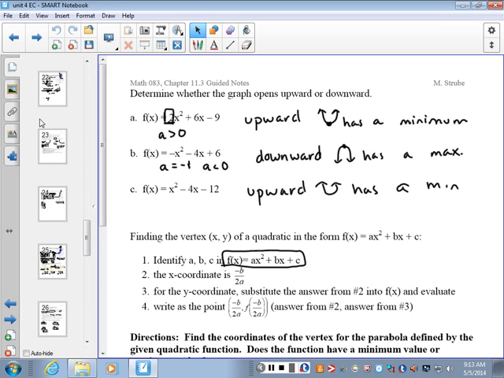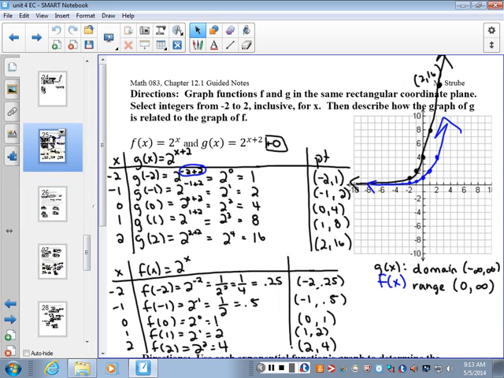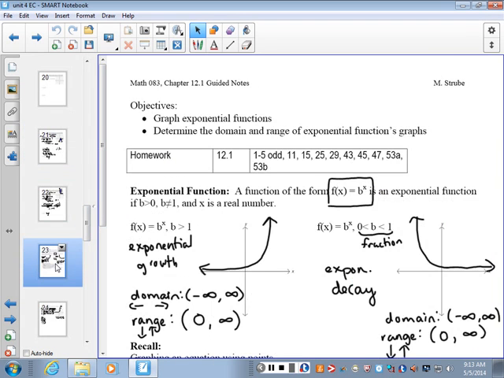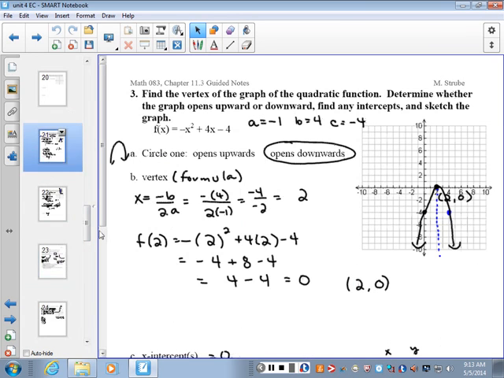Does anyone remember the key word in the word problems? What did we look for in the word problems? Word problems.